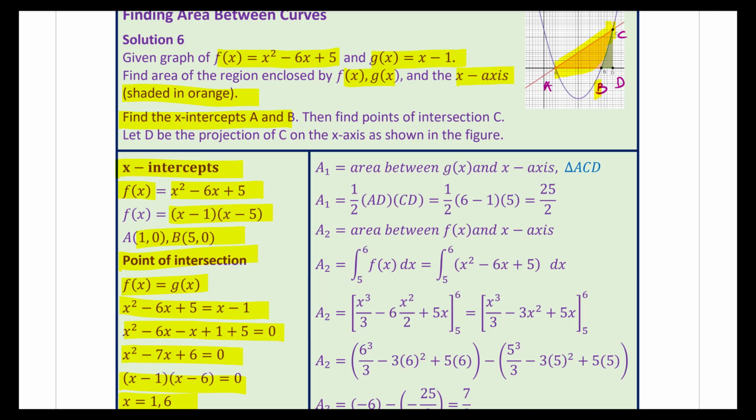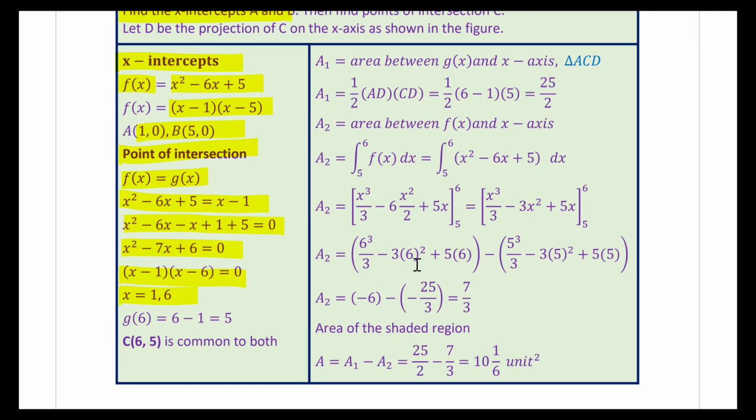So there is also a point of intersection between the line and the parabola. So we get the point C here, which is 6. At x equals 6, the value is 5. So point C is 6 and 5. So that becomes the common point which we are looking for.